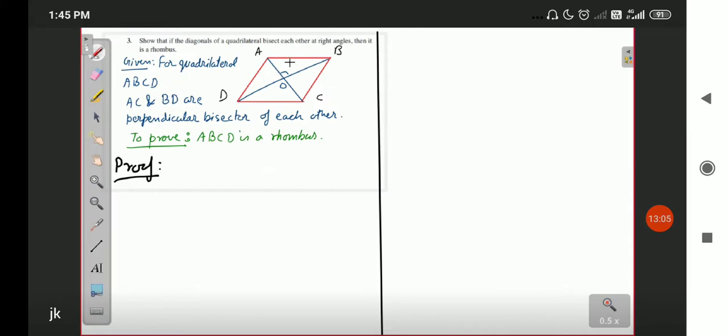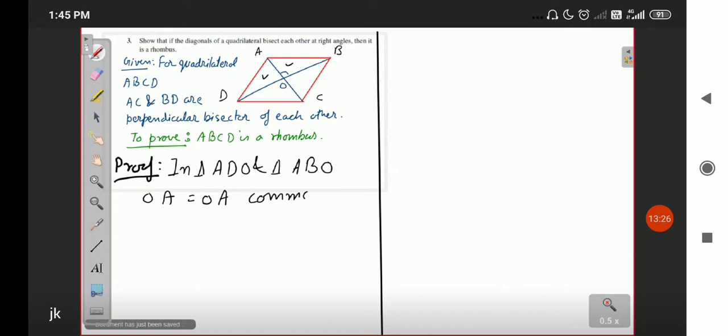First of all, we will take a pair of adjacent triangles, triangle ADO and triangle ABO. In these two triangles, first of all, you have OA equal to OA, that is the common side. Secondly, angle AOD and angle AOB are both equal to 90 degrees, that is given to you.